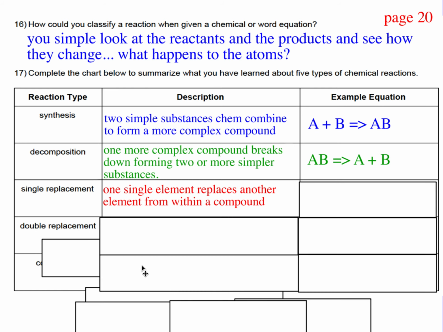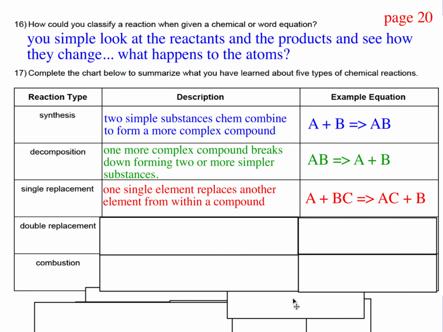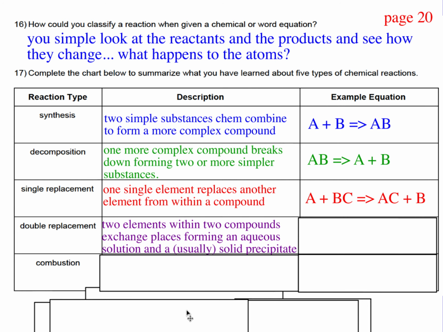A single replacement, we did that one, where a single element replaces another element within a compound. So that's when I have lone A changes places with B, forming AC compound and B lone substance. Double replacement, I have those two elements within two compounds exchanging places.